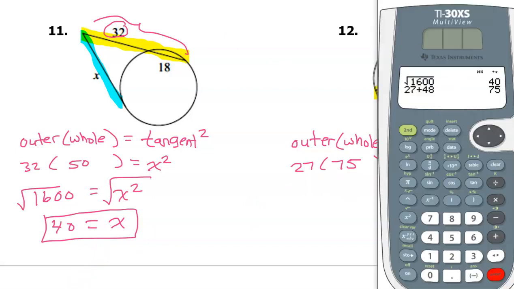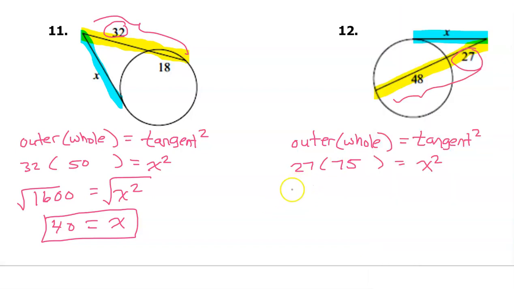What is 27 times 75? 2025. So I have 2025 is equal to x squared.